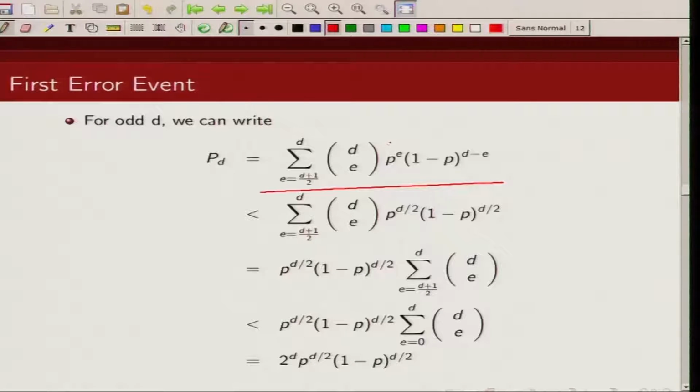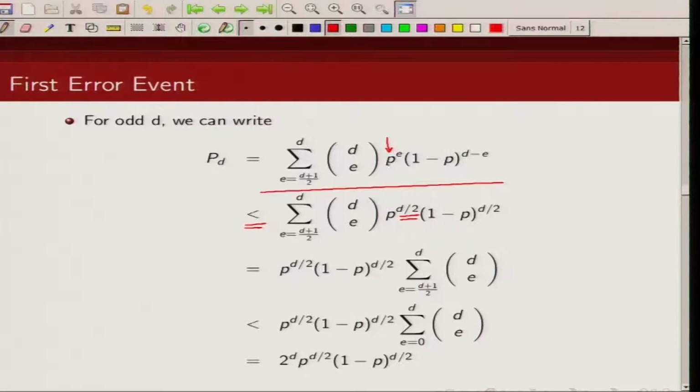Now, note that this crossover probability is typically small, a number between 0 and 1. So, if you raise it to a higher power, you get a smaller quantity. The first upper bounding that we are doing is, instead of raising it to e, we raise it to d by 2.